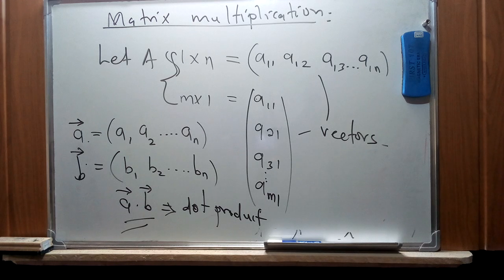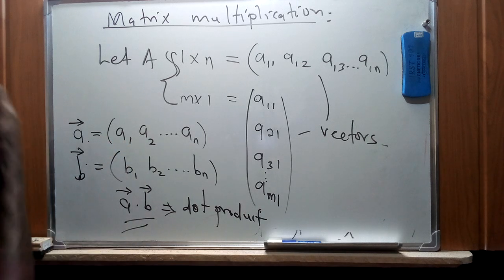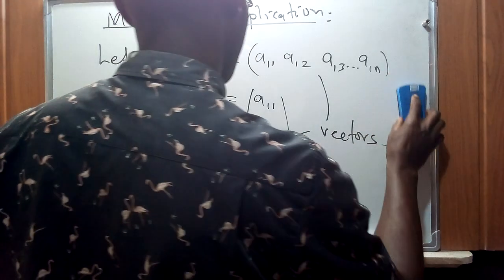The dot product of vectors A and B can be obtained by finding the summation of the products of the respective elements.